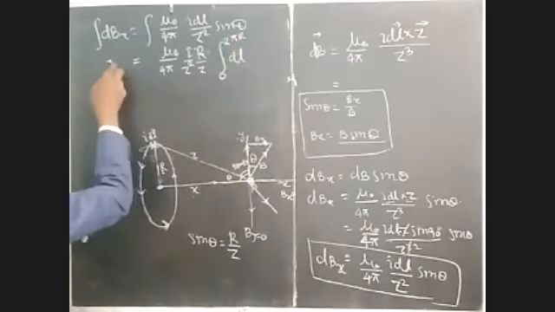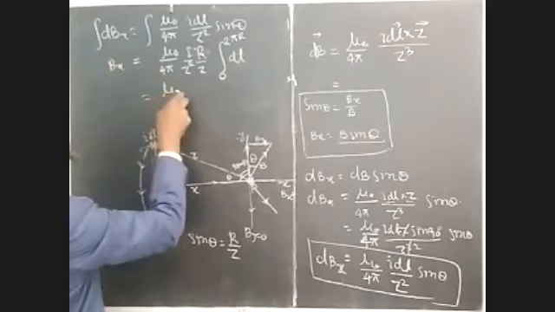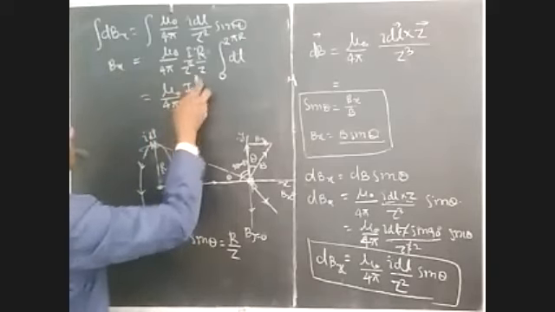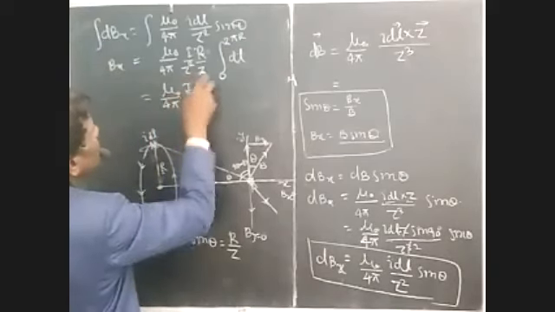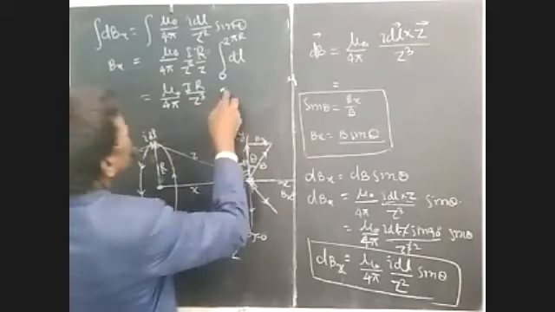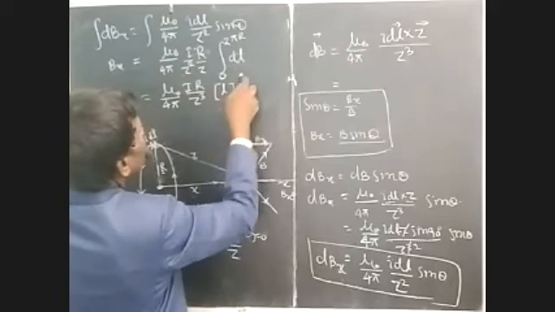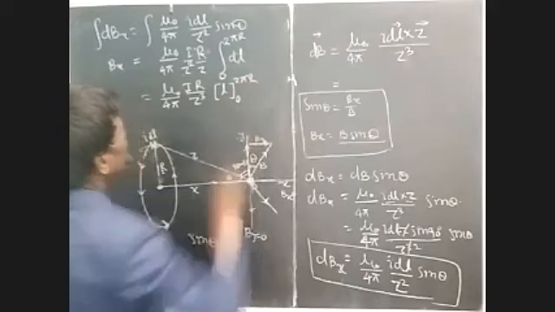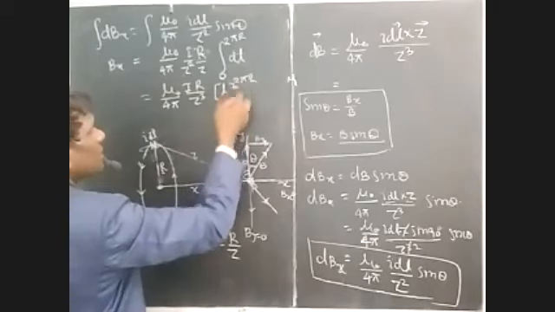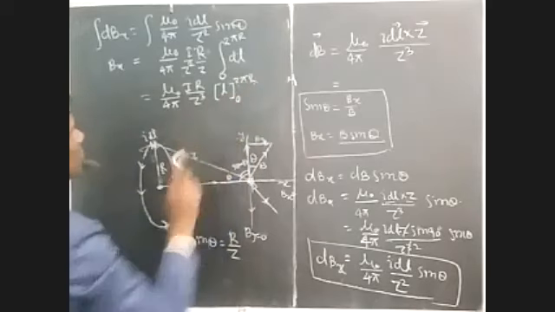And therefore now this is the Bx, we write Bx equal to mu naught 4 pi I, this is the r z cube, okay, and then this dl is l, so write l, and this is the lower limit, and this is the 2 pi r upper limit. I hope you understand. Now we have to put here upper limit instead of l, 2 pi r minus 0 means 2 pi r. I hope you understand.